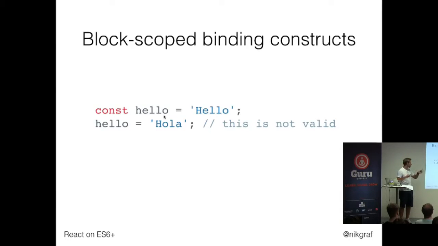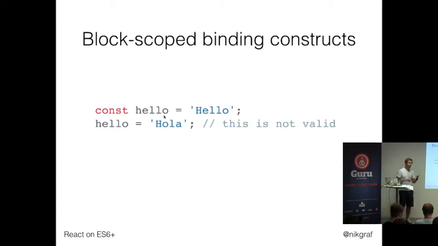You could use them with or without React, but the further we go down the road, you will see how they benefit when building React components. I'm not telling you all of the features, but especially the ones that help you with building React components. So, back to block scope binding constructs.